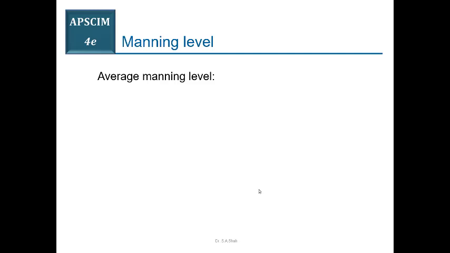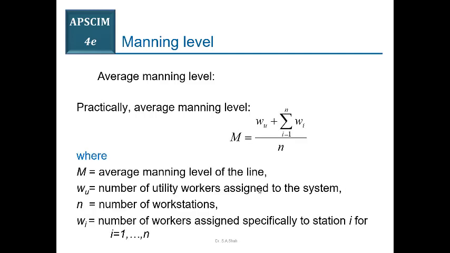So average Manning level normally अगर आप find करना चाहते हैं तो practically average Manning level जो होगा, इस स्लाइड को मैं कंप्लीट कर लूँ तो you will see normally अगर आपने मैनिंग लेवल कैलकुलेट करना हो तो मैनिंग लेवल is basically the worker to machine ratio, you know, so जितने वर्कर होंगे उसको सिंपली आप मशीन्स पे डिफाइन या वर्क स्टेशन पे डिवाइड कर लें तो it will give you the Manning level, मैनिंग लेवल के हर एक मशीन पे कितने वर्कर होंगे.